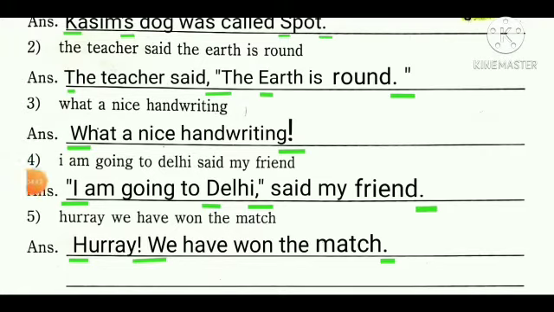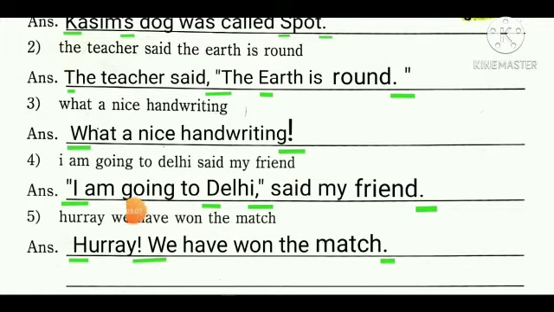Fourth number: I am going to Delhi, said my friend. In this sentence, it is a direct sentence. So I am going to Delhi is the direct words of my friend, and it is in double inverted commas. In this sentence, I is capital because it is the beginning of the sentence, and we have used double inverted commas for the direct words from my friend.